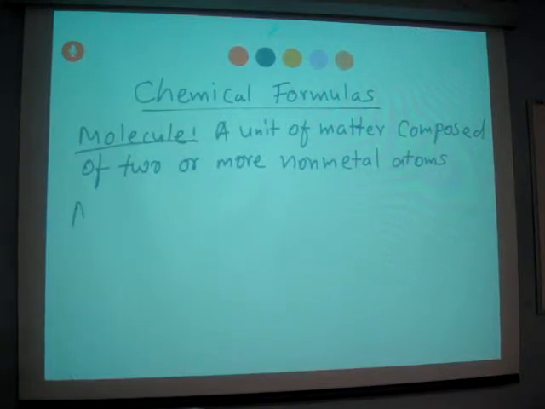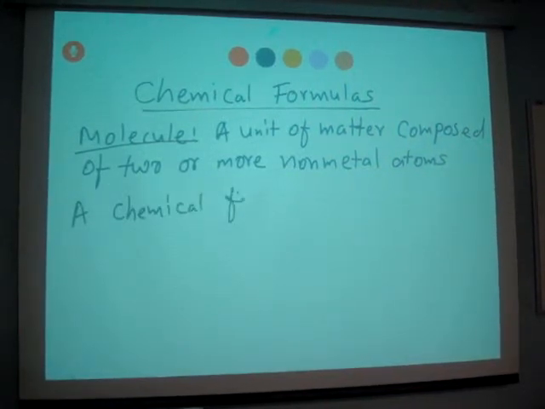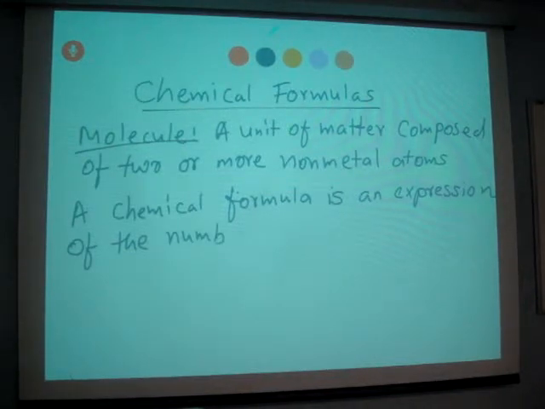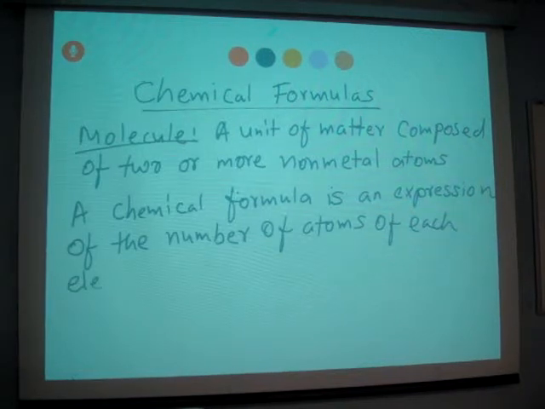And a chemical formula is an expression of the number of atoms of each element in a compound.